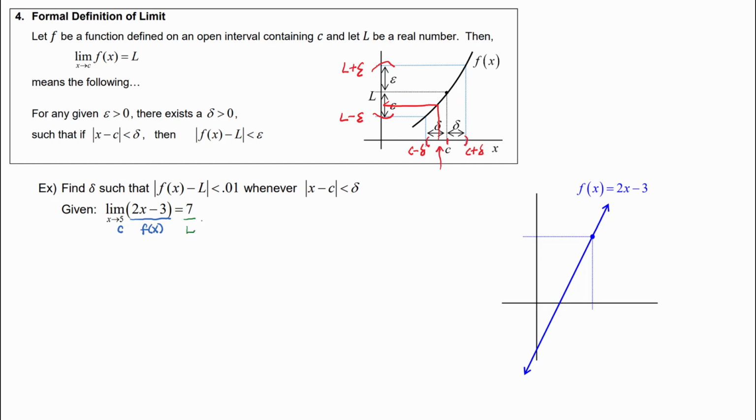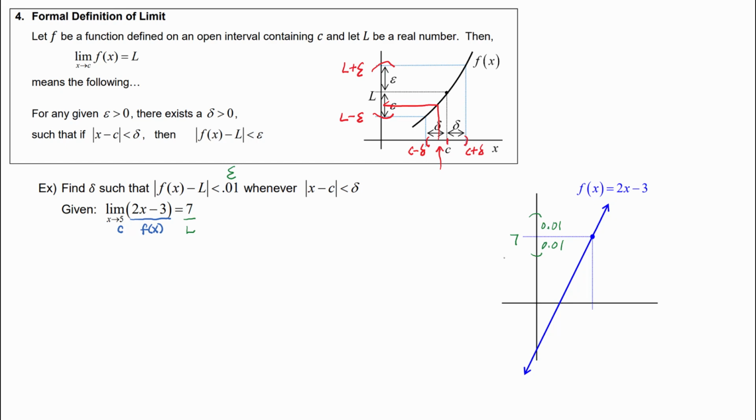And they're saying, hey, my epsilon here is 0.01. So this is the limit, which is 7, and my epsilon is 0.01.